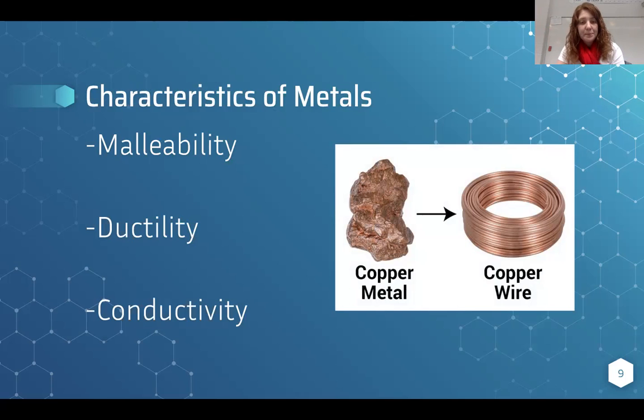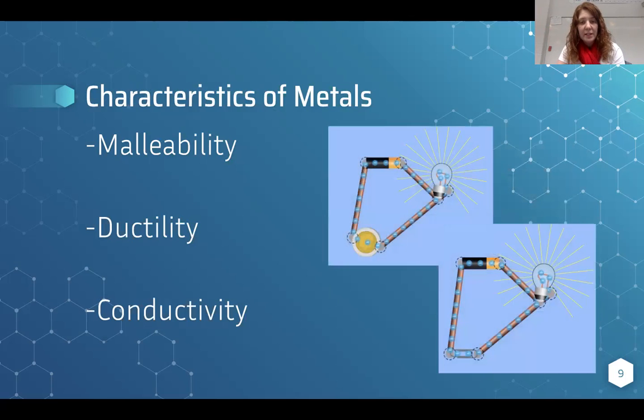And then the final characteristic is conductivity. Conductivity is shown here, where a metal is able to complete a circuit and allow electricity to flow through it. Once again, this all comes back to the idea that their electrons are all being donated out into this sea that's just hanging out there and flowing.